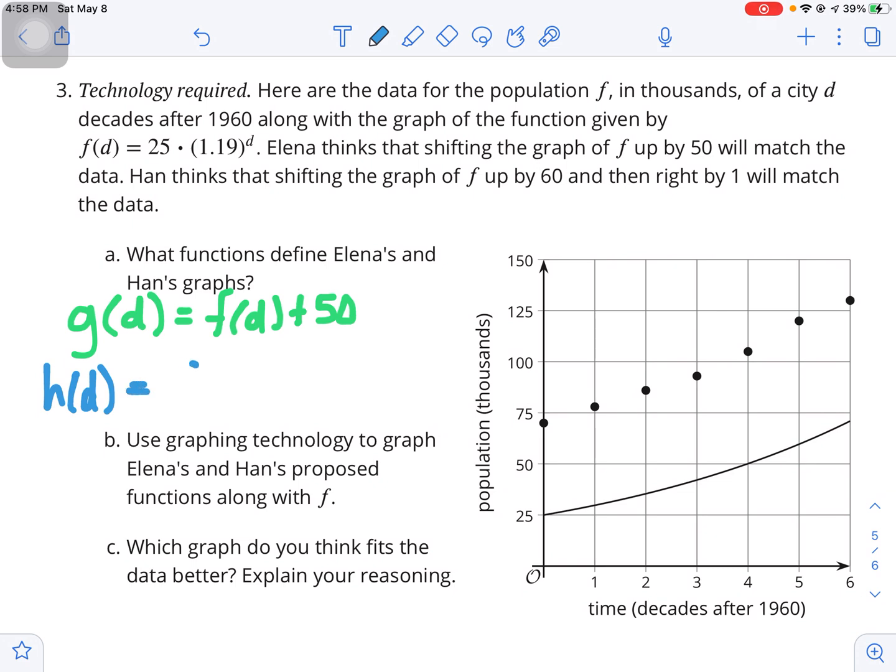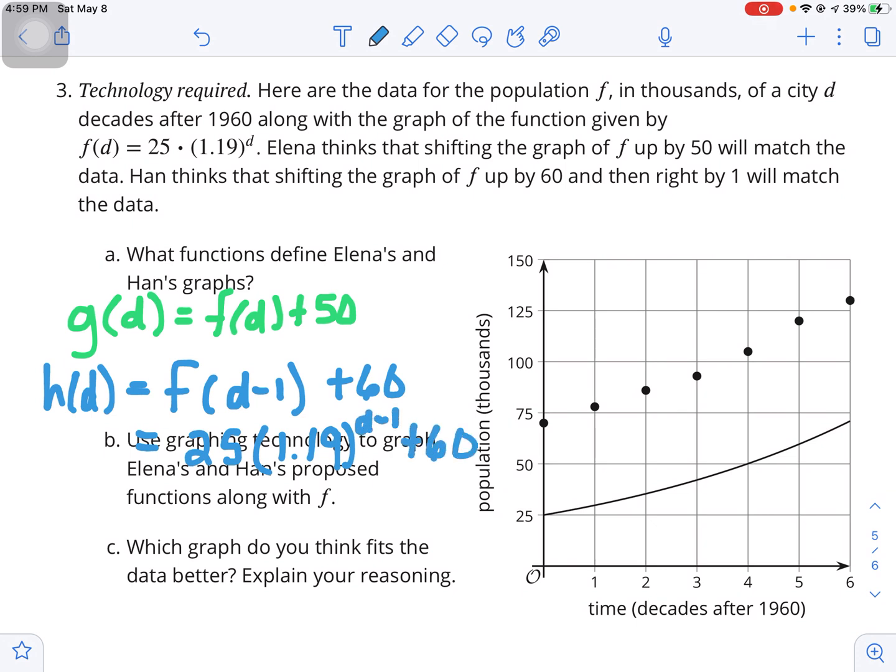So he's going to take f of d and move it right by 1, which means we're going to subtract 1 from d, and then add 60. So this would equal 25 times 1.19 to the d minus 1 plus 60 then, is how you would write it out.